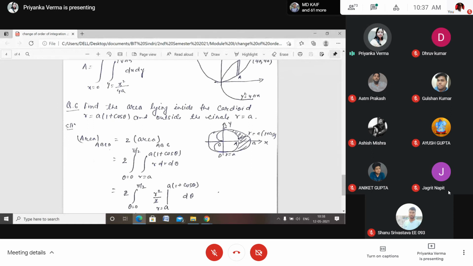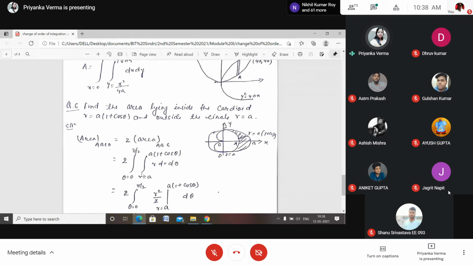So r goes from a to a(1 plus cos theta). Then to cover this region, theta will move from the x-axis to the y-axis, that means in the first quadrant. In the first quadrant means theta equal to 0 to theta equal to pi by 2.